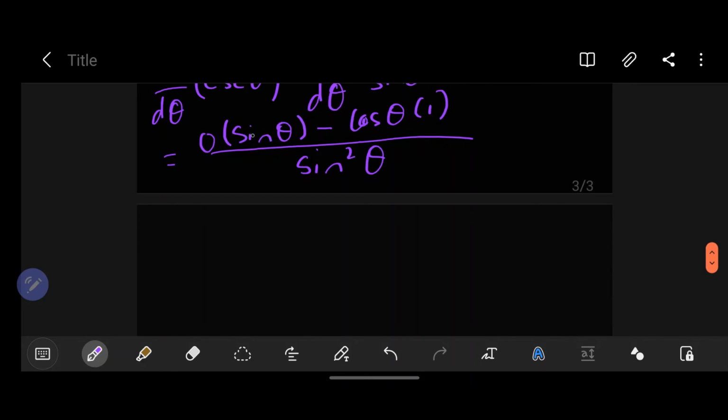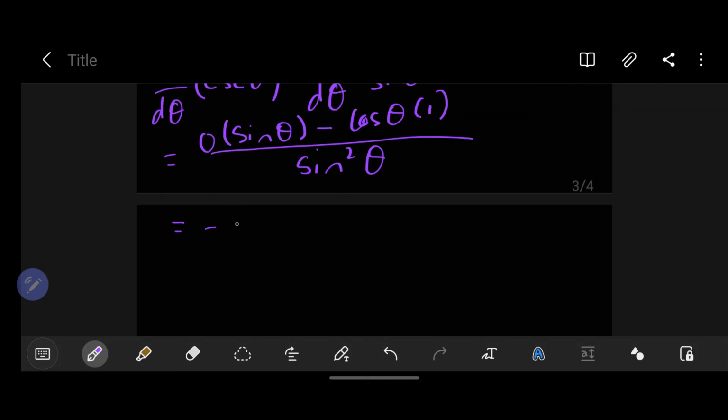So here this will give me 0, and then this means I'll have negative cos theta over sine squared theta.